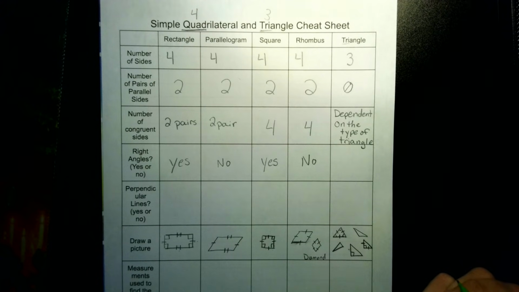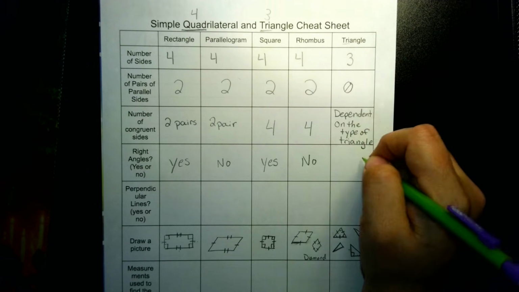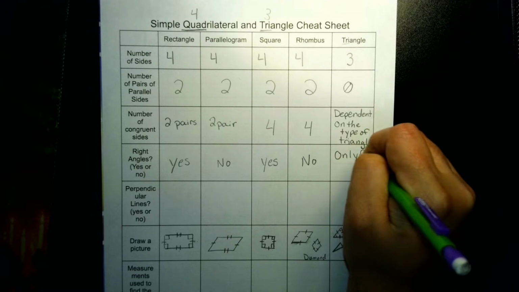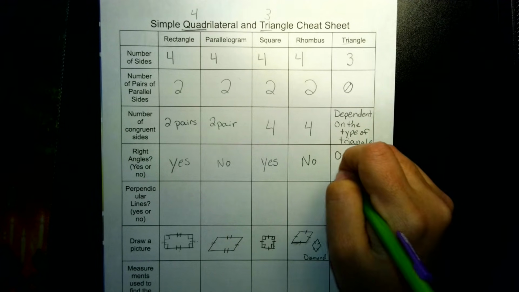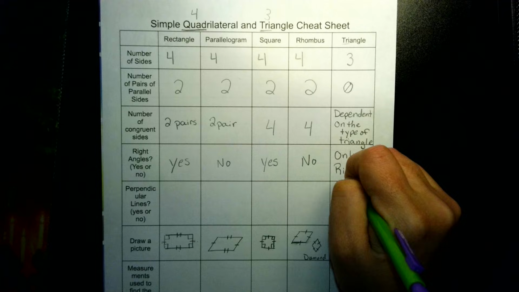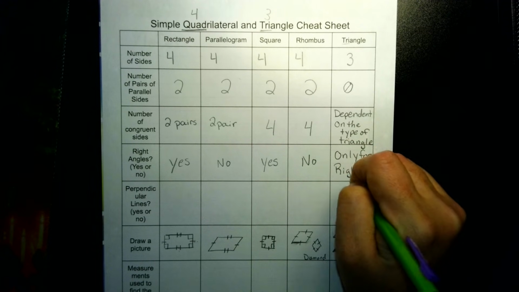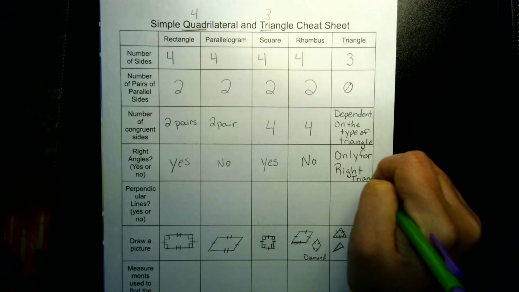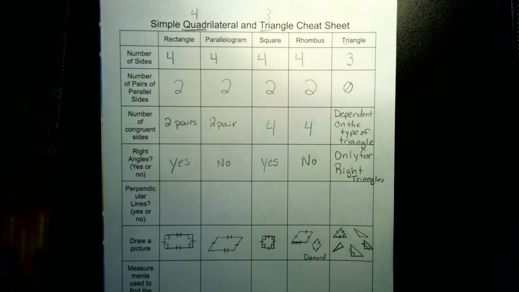It also slants a little bit. And for the triangles, only for what we call right triangles, which is those triangles that have 90-degree angles, okay? Ran over a little bit there, but you can read that. So only for these ones.